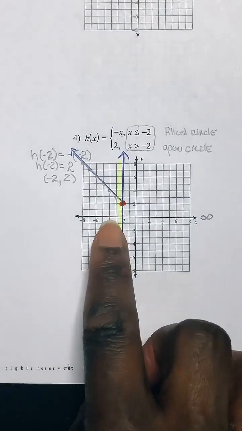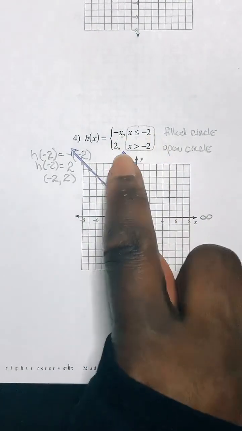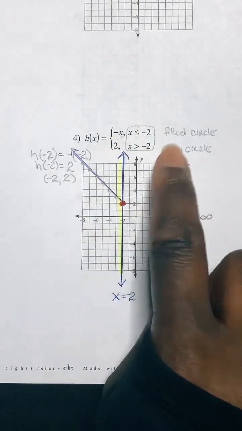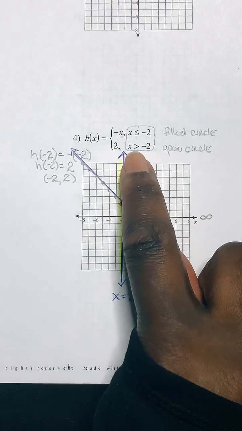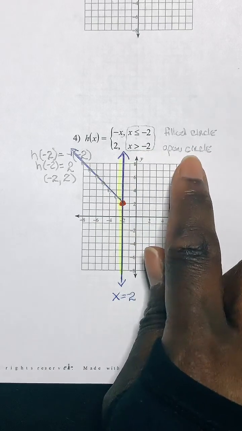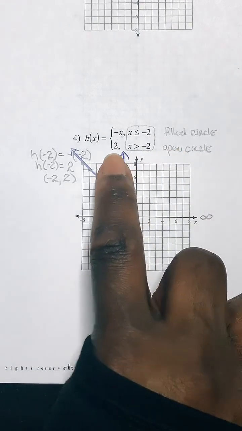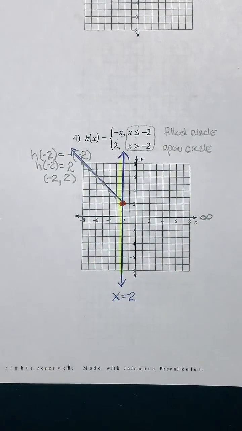Okay, so now we covered that first one. Like I said, you read it from right to left. So if we take a look, next one we have when x is greater than -2. So since it's greater than, we're going to be doing an open circle. And our graph is going to be at 2. So now let's take a look.